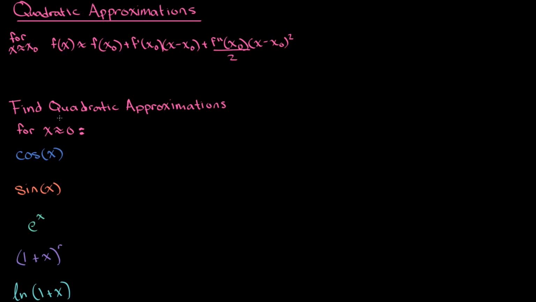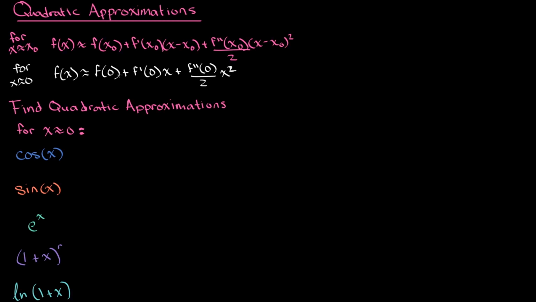So since we want to make some quadratic approximations at x is equal to 0 and use them for x values near 0, we can just get a formula for that situation. For x values near 0, f of x is going to be approximately f of 0 plus f prime of 0 times x plus f double prime of 0 over 2 times x squared.